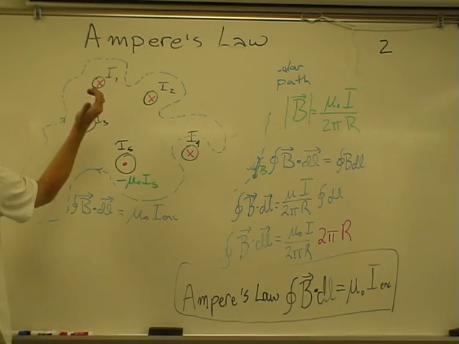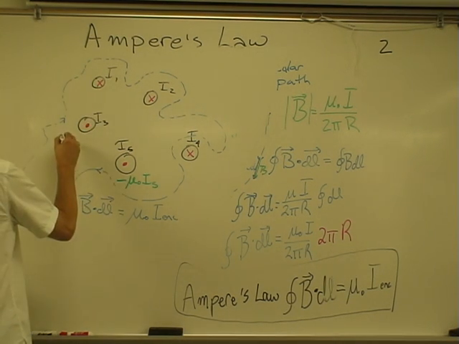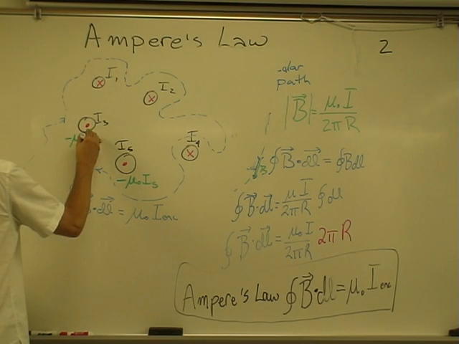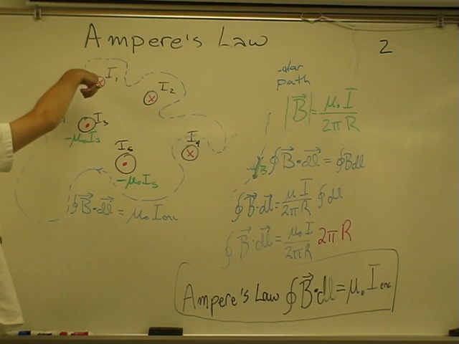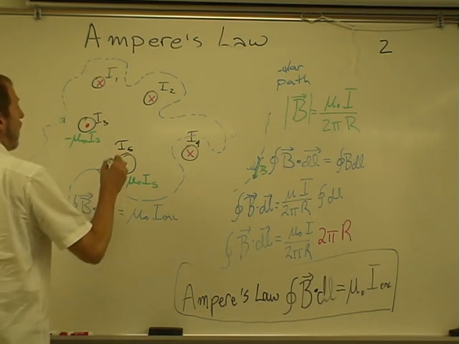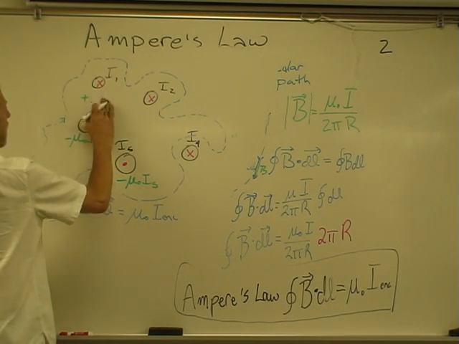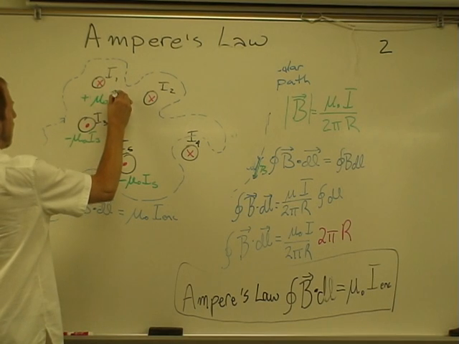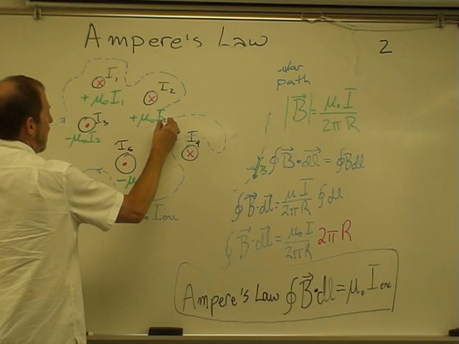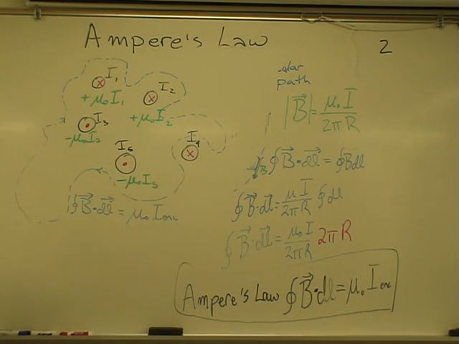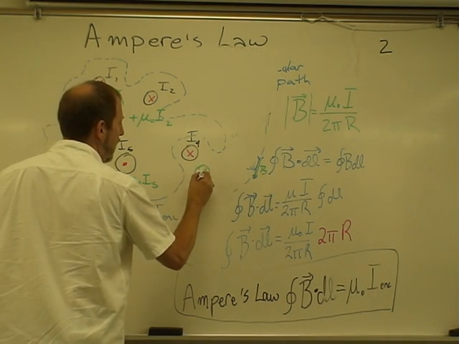Again, out of the board gives me counterclockwise magnetic fields when we're taking a clockwise loop, so it'll be minus mu naught I3. Heading into the board gives me a clockwise magnetic field that matches up with our clockwise path, so the contribution of I1 will be plus mu naught I1, and in the same way it'll be plus mu naught I2. I4 is not enclosed, so the contribution due to this current I4 is 0.